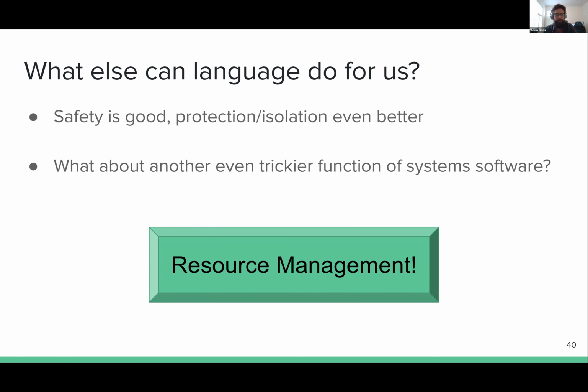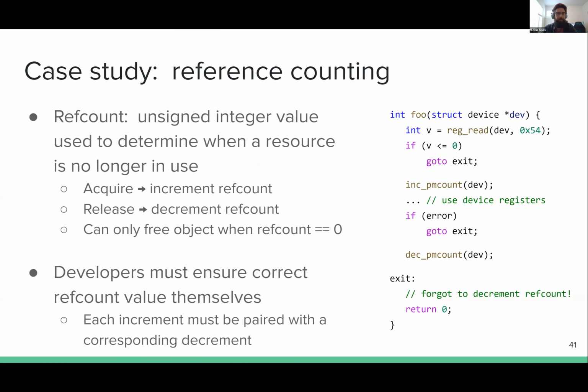Resource management, right? This is kind of the crux, I think, of most OSs: managing resources and multiplexing them across the applications. I'll use reference counting as a case study. If you're not familiar with the concept of reference counting, it's basically a way to track how many users there are of a given resource, right? How many references there are to an underlying object.